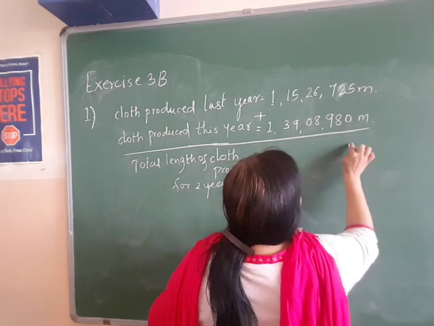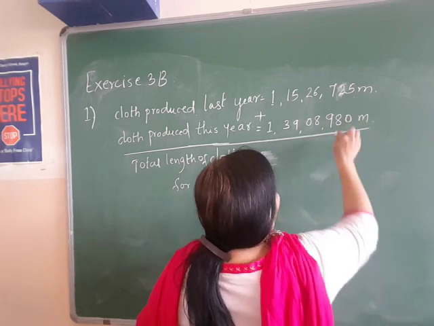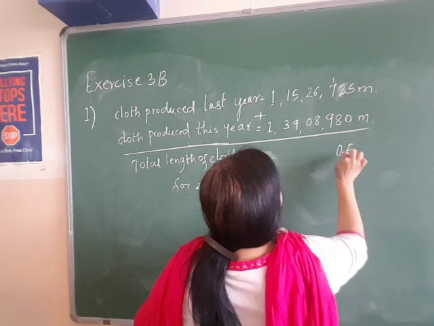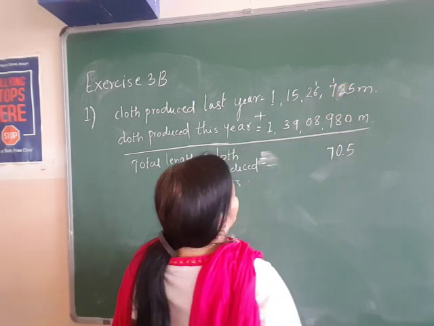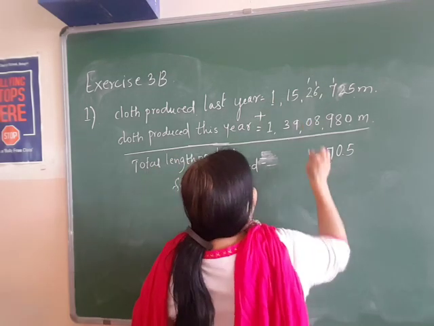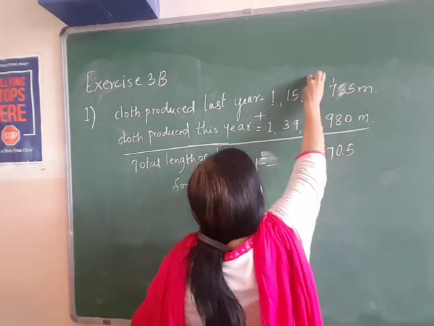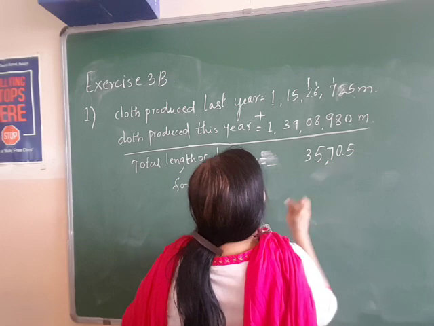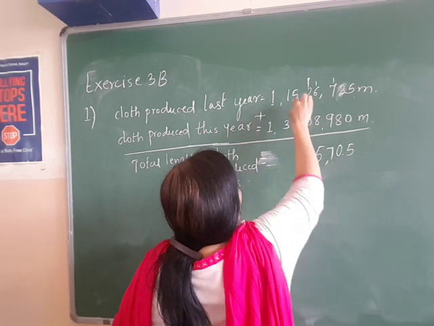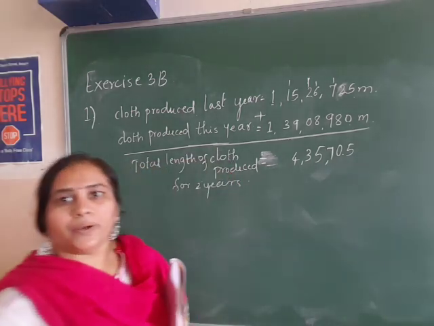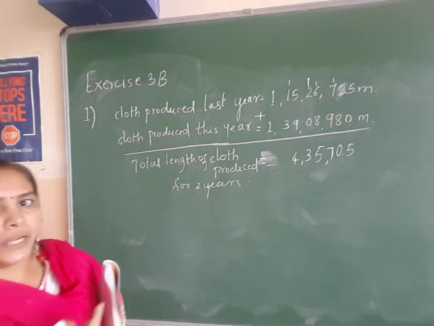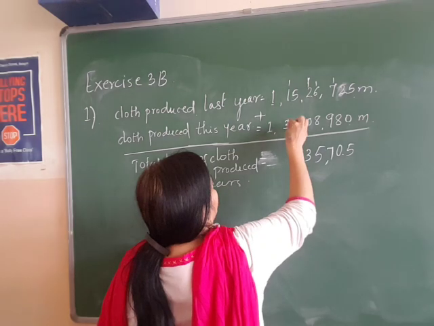So 5 plus 0, 5. 8 plus 2, 10. 9, 10, 17. 8, 9, 15 plus 6, it is 15. 2 plus 1, 3. Next, 9 plus 5, 14. You can place according to the place value and do it separately, but I have placed them together here.